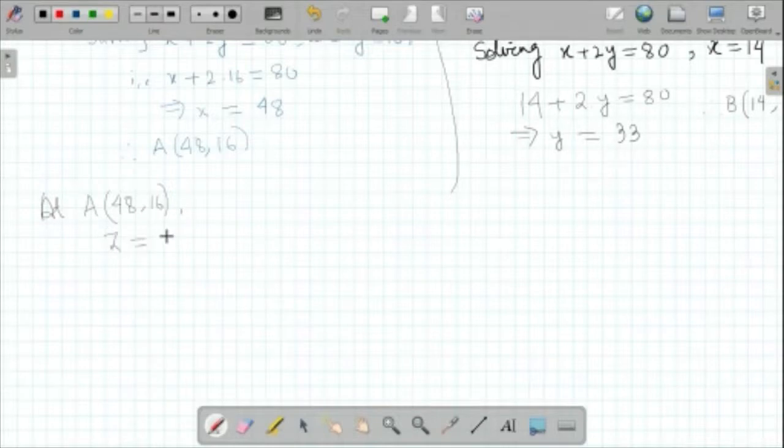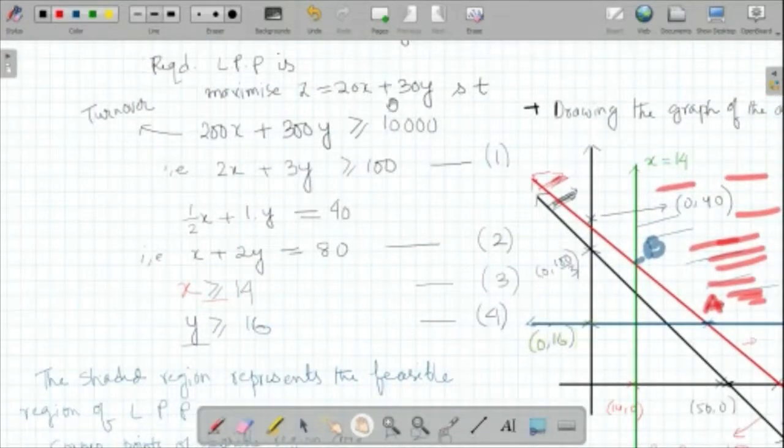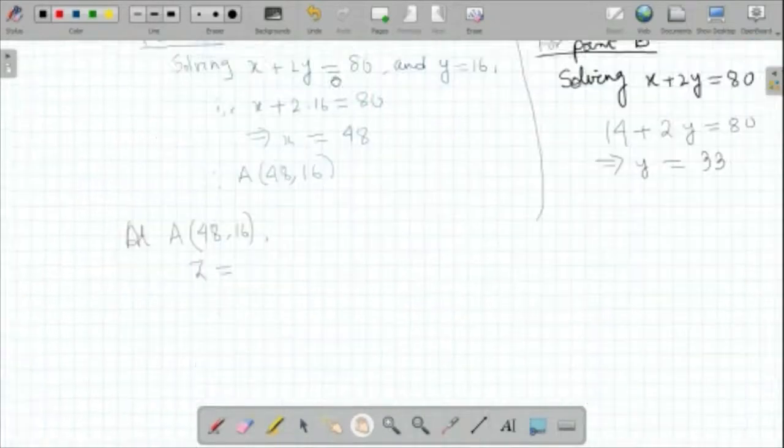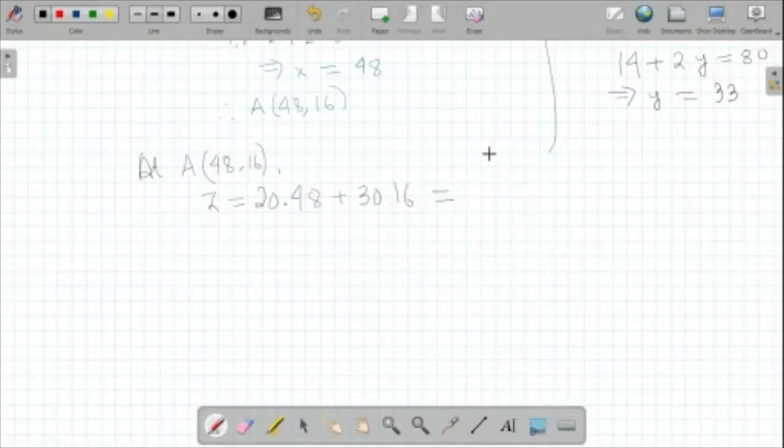Z is how much? 20 times x plus 30 times y. So 20 times x, what is x here? 48, plus 30 times y, which is 16, and what is the value? If you calculate it, it will be 1500.